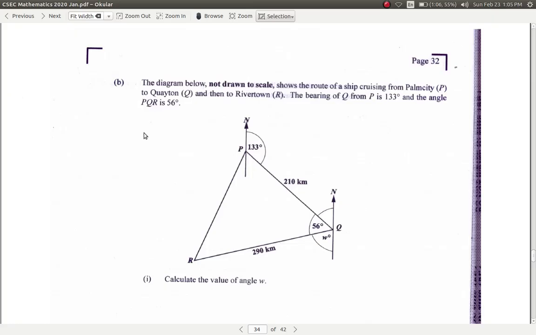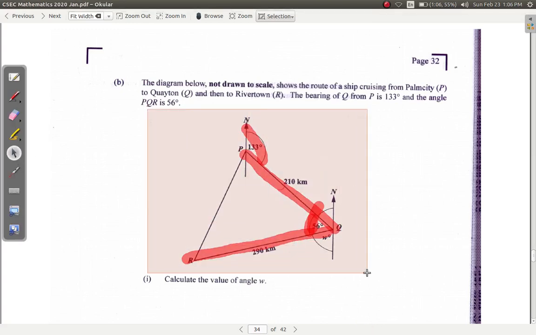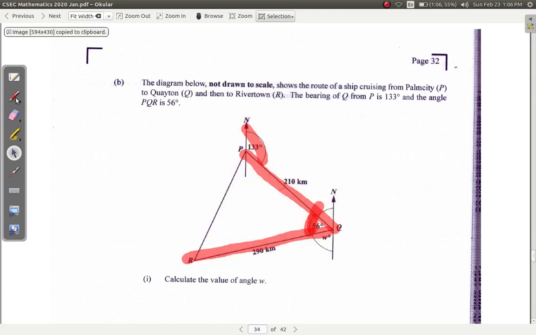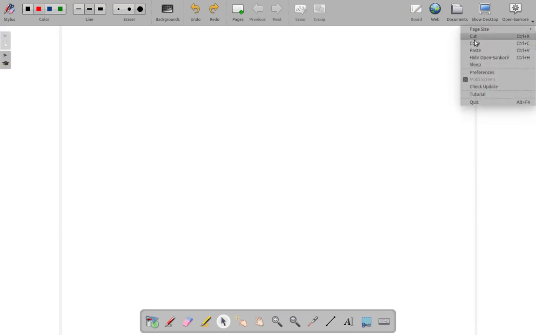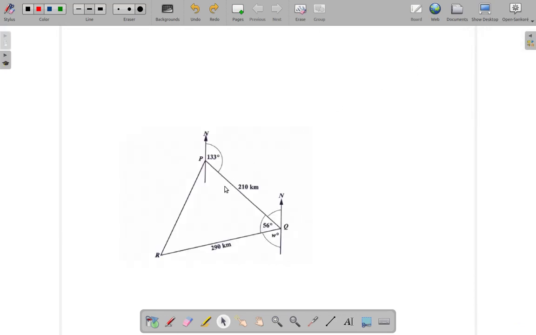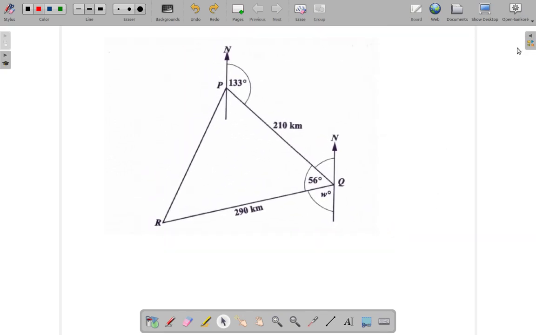I want to copy this and put it over into our other screen. We had all of this before from the previous part of the question. Let's erase this and put what we have here. So this is our diagram.